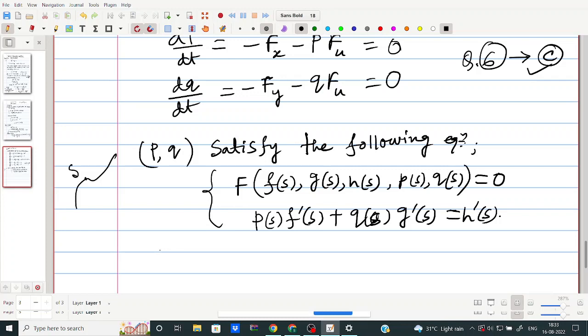Why not a function of both? Look, suppose p is a function of s, then what is dp/dt? It is zero, because the derivative is with respect to t only here. So the integration constant is a function of s only, not a function of both. Or should I give you an example?